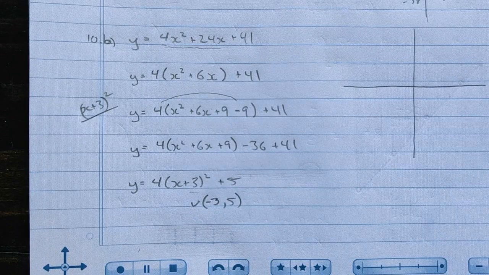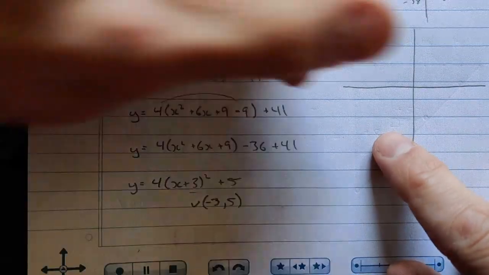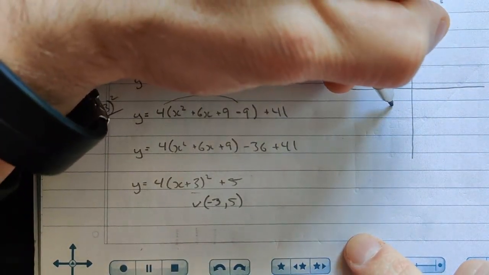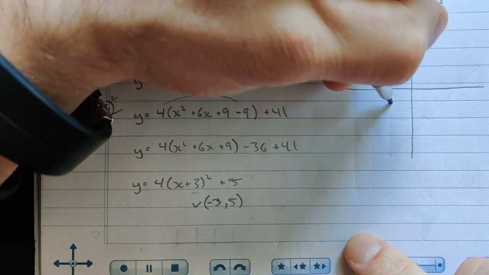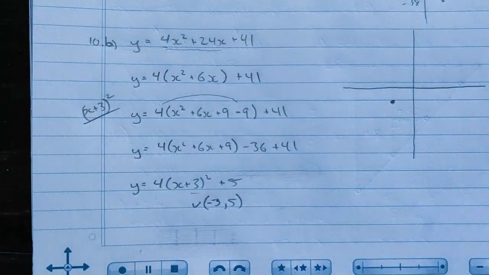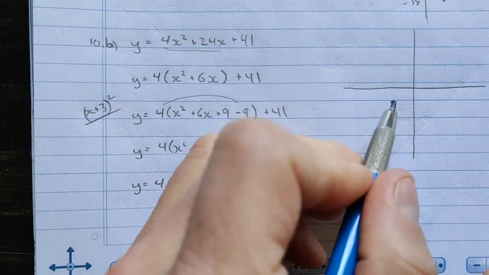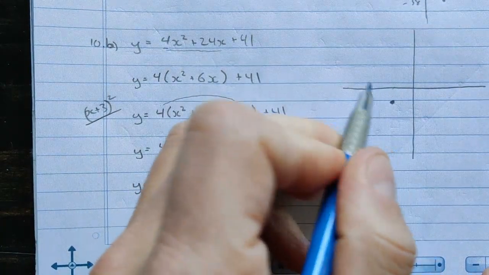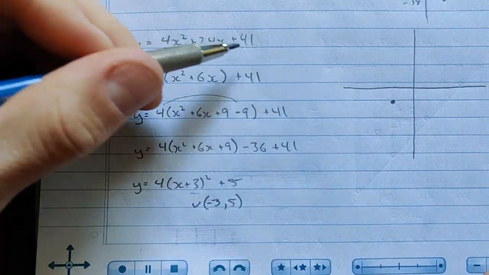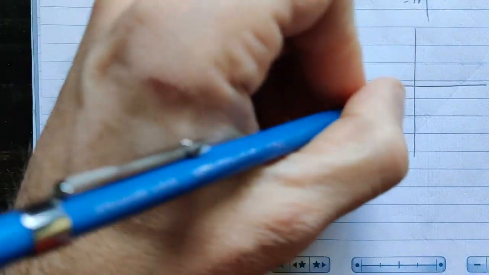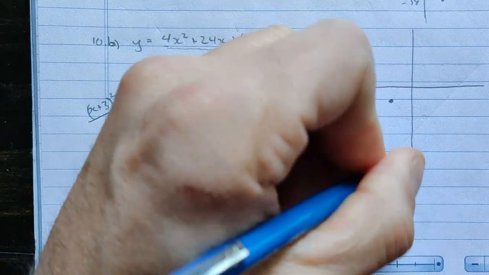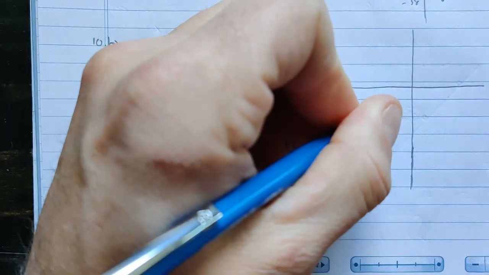Our vertex is at negative 3 and 5, so let's say maybe here. And then because it's opening down, we know there's going to be no x intercepts here, but there is a y-intercept. It's at 41, so that's another point we can mark off somewhere down the line here.